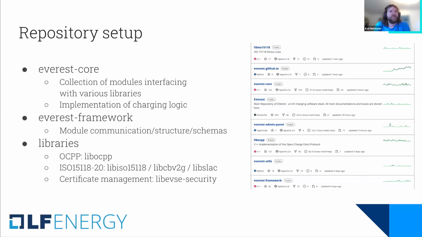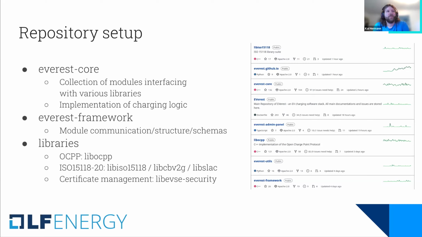And these modules, of course, make use of the EVerest framework I already talked about earlier, which is also in another repository. And this makes sure that the module communication, the structure of how the modules need to be written, the schemas for configuration checking and things like that, are implemented in this EVerest framework.